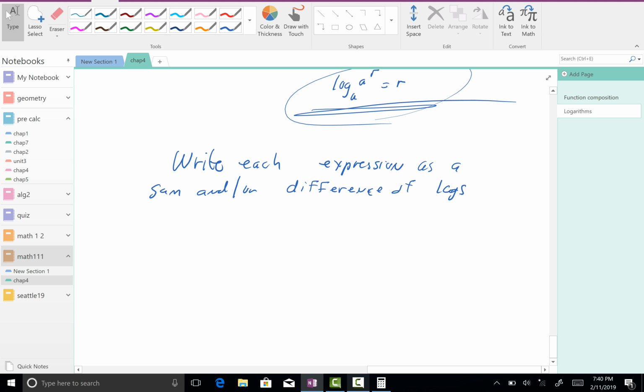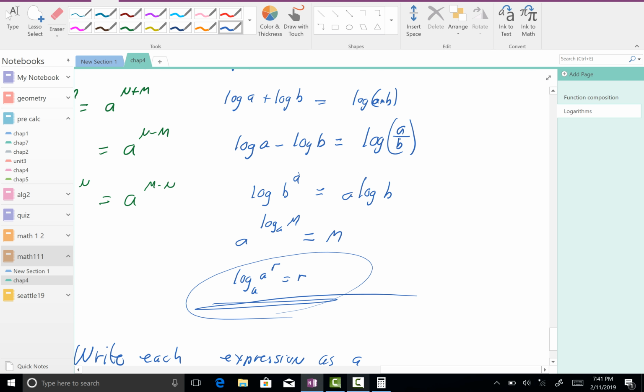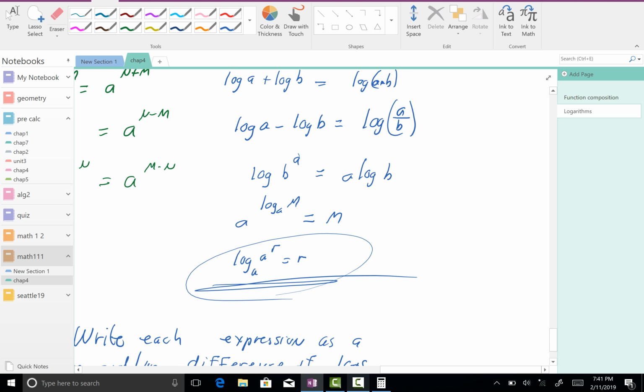Okay, so they're going to give you something like this: the log, any base you want, of x squared over y. So what we're going to do is go up to our properties of logarithms and rewrite this as an expression of sums and differences of logs. I go up here and see that the log of a over b is equal to the log of a minus the log of b.